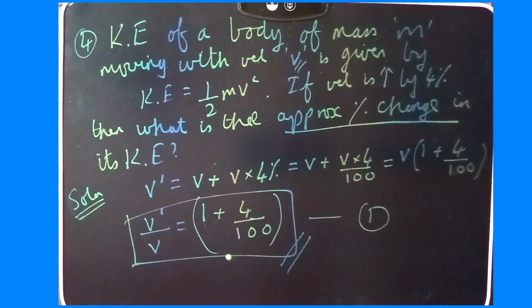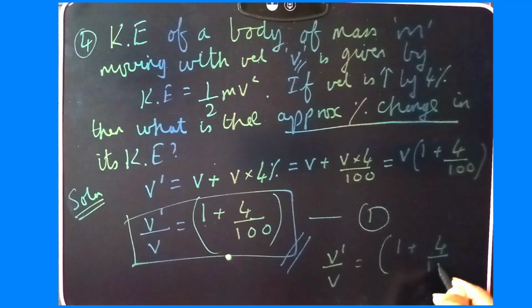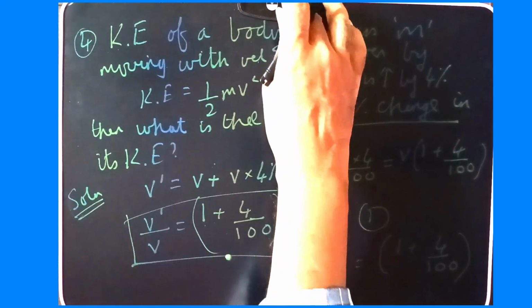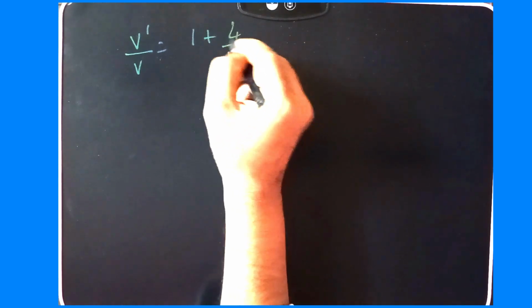I'm going to wipe this out and solve in the next slide. So v dash by v is equal to 1 plus 4 by 100. This is what we had got.